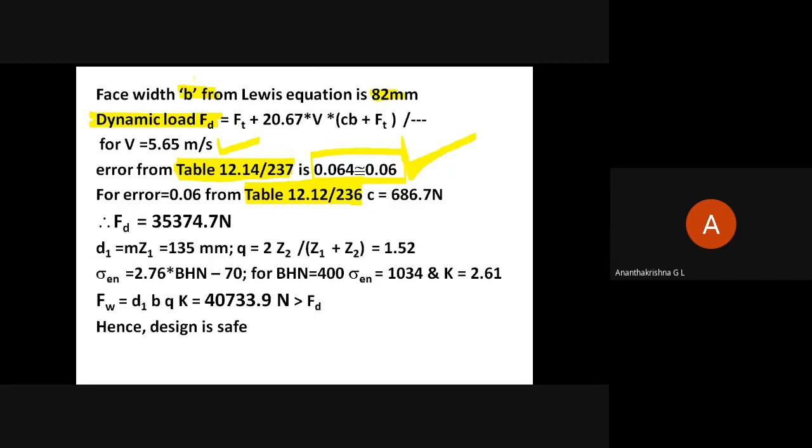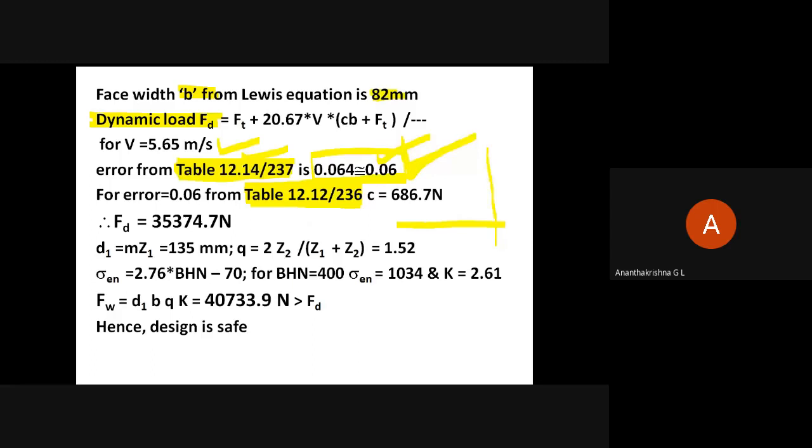So in table 12.14, for 0.059, I have taken it as 0.06, approximated. From table 12.12, for steel and steel combination under 20-degree pressure angle, for an error of 0.06, you travel horizontally from steel and steel 20-degree full depth involute. Then from 0.06, you travel downwards.